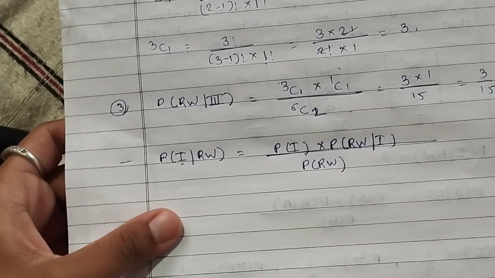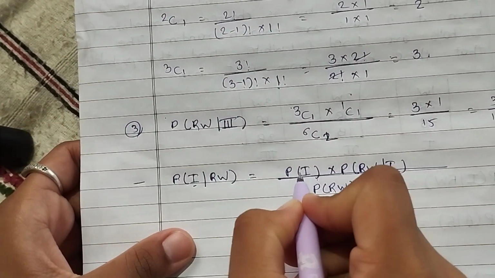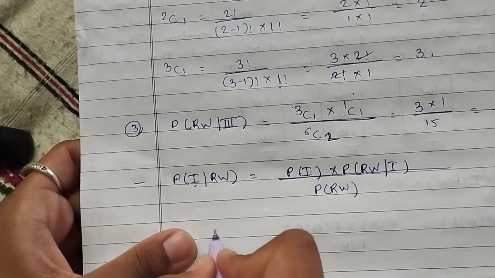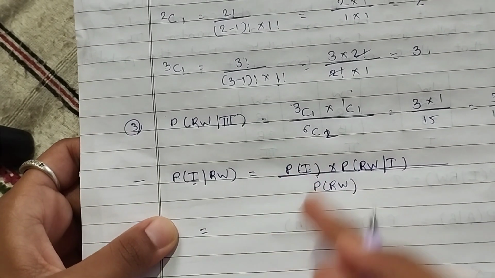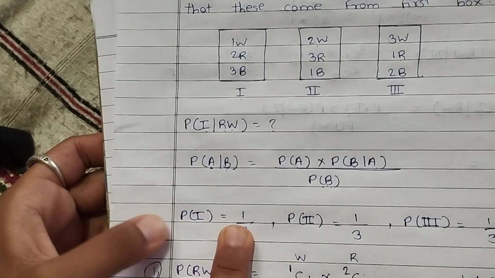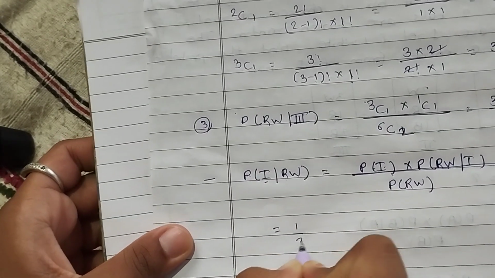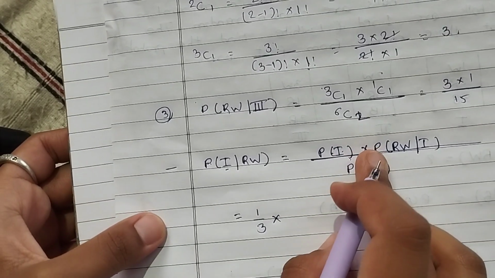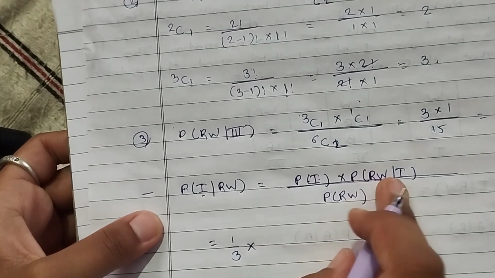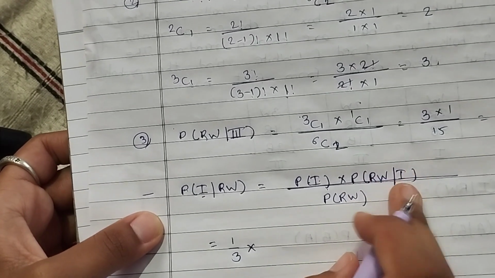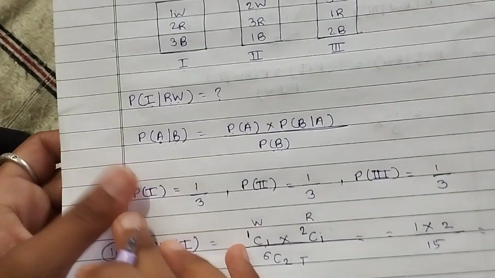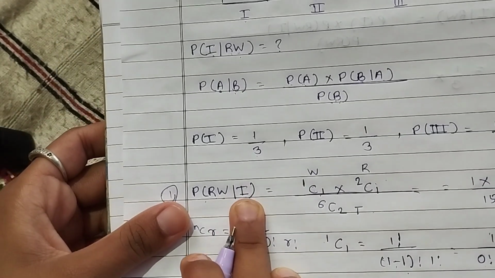Now this entity we know, probability of first, we write here. Probability of first is 1 by 3, put it 1 by 3 into probability of RW with respect to 1, which we find out here, RW with respect to first.